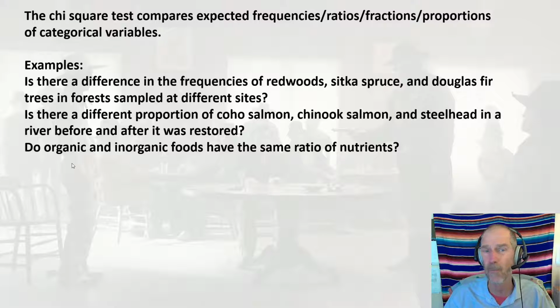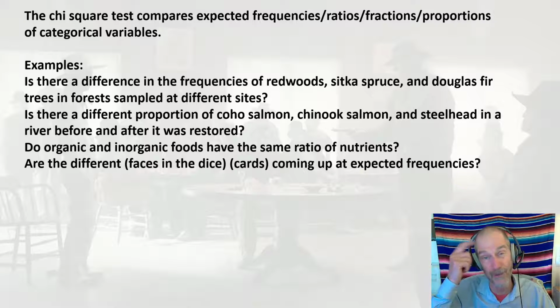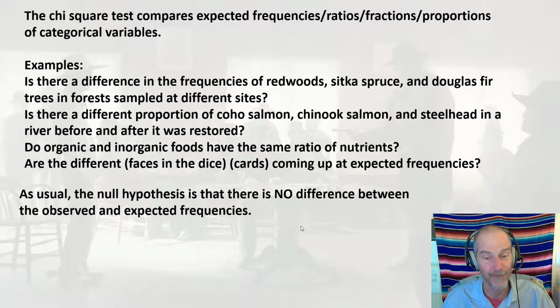You might say that it has more nutrients or less nutrients, but what about the proportion of nutrients to each other? Chi-square test. Are the different faces in the dice or the different cards coming up at expected frequencies or unexpected frequencies? Chi-square test. Boy, you'd have to be a really smart gambler to do a chi-square test in your head while you're gambling, wouldn't you?